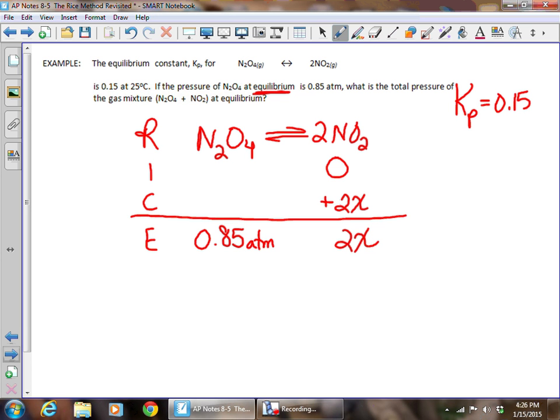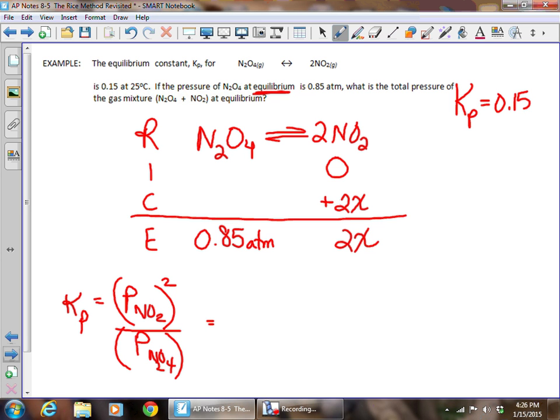So how do we set this up? We're going to make our equilibrium expression just like we always do. Kp is going to be equal to the pressure of NO2 squared over the pressure of N2O4.